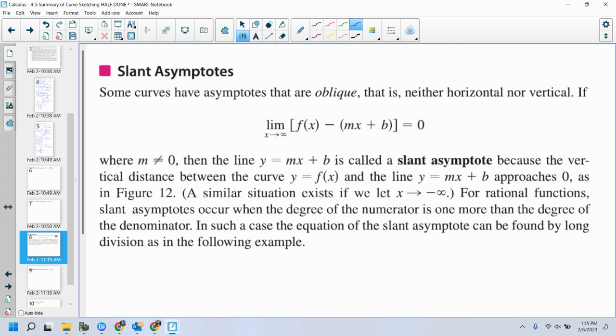All right. Some curves have asymptotes that are called obliques. For oblique asymptotes, there's only going to be one time where they may arise for us, and it's in rational functions. I would jot this down for when they might show up. Other types of functions do have oblique asymptotes, but the ones that we are going to look at are going to be rational.